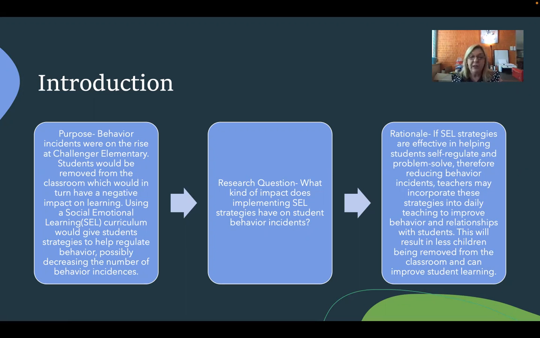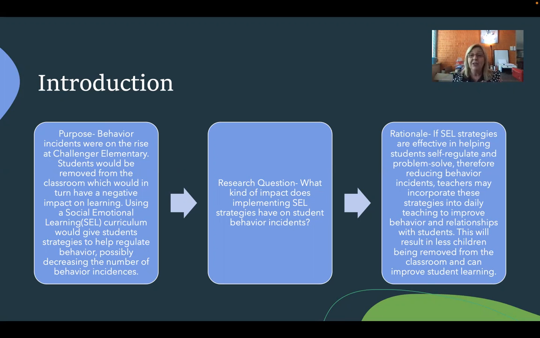So my research question was, what kind of impact does implementing social emotional learning strategies have on student behavior incidents? And my rationale was that if these strategies worked in the classroom, helped the students to have something to self-regulate, to monitor their behavior, and to help problem solve, then maybe this would decrease students being removed from the classroom.